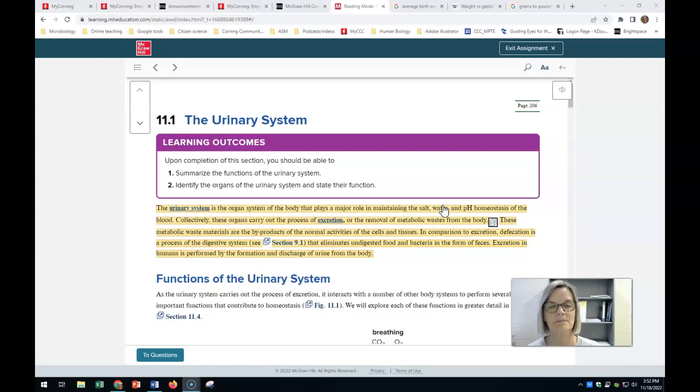So the urinary system is the organ system of the body that plays a major role in maintaining salt, water, and pH homeostasis of the blood.